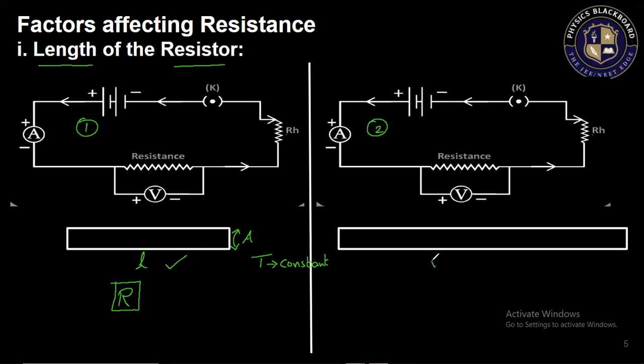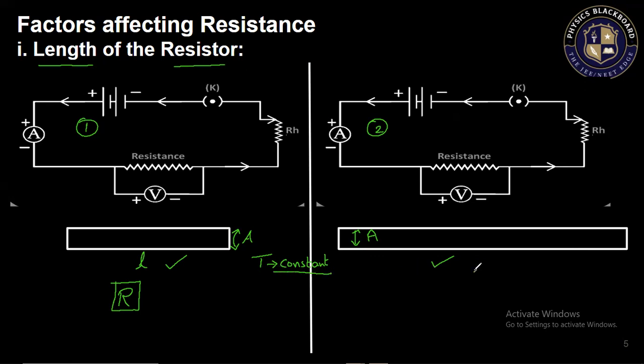The area of cross section of the second resistor is also the same, that is A. And here also the temperature remains constant.